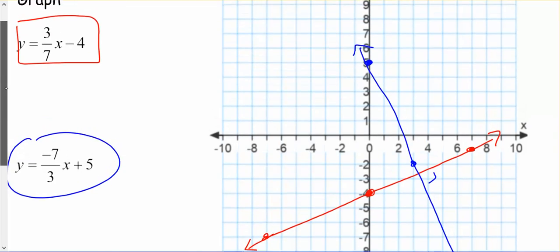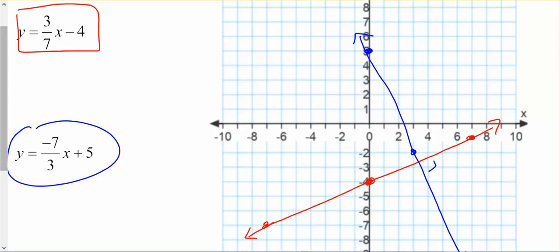So we're going to look at our slopes here. Our slope for our red line was 3/7, and our slope for our blue line is -7/3.